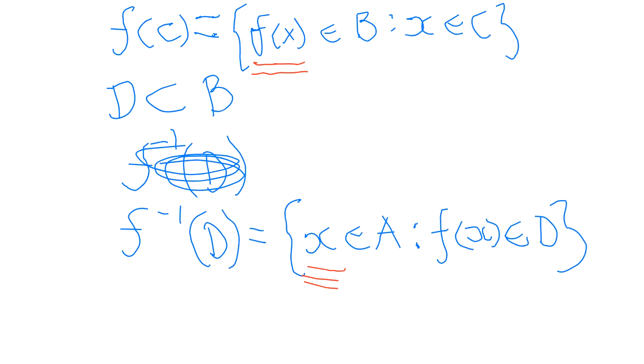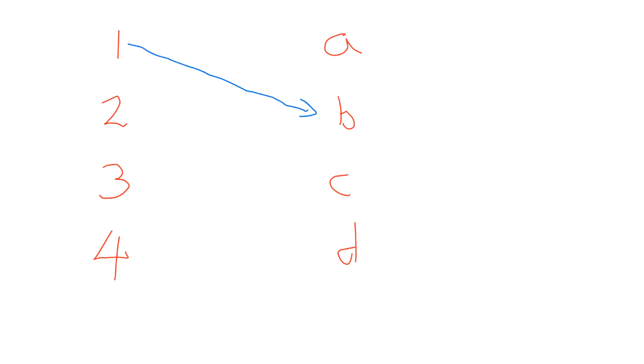Let's do some quick examples to make sure it is clear. So let's say we have 1, 2, 3, and 4, and we're doing some mapping to A, B, C, and D. Let us say 1 maps to B, 2 maps to D, 4 maps to B, and 3 maps to C, straight across.